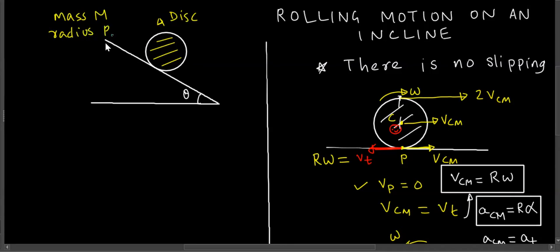Okay. Now, before solving this, we'll pay attention to our target, because they may ask several things here. As the disk rolls down an incline, maybe some of the questions in NEET may be related to the acceleration of a round object as it rolls down without slipping. Sometimes they may ask, after it has come down a certain distance, what is the velocity?